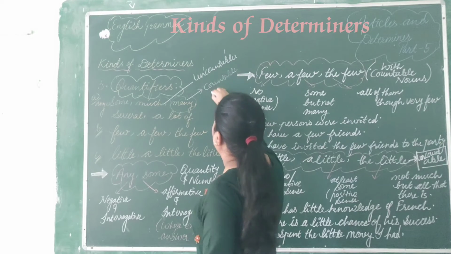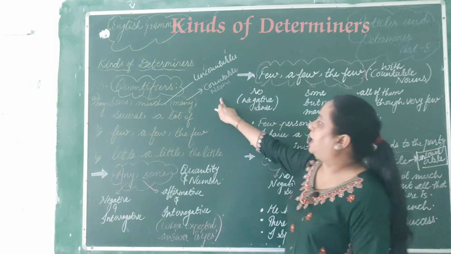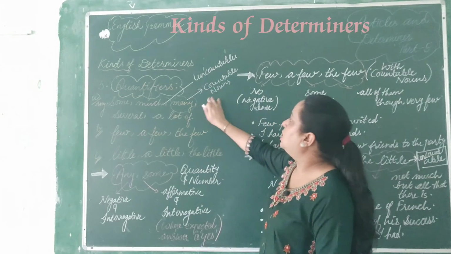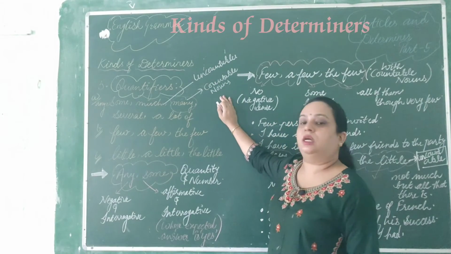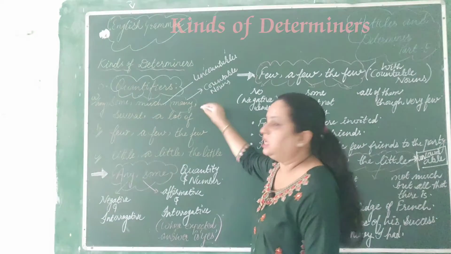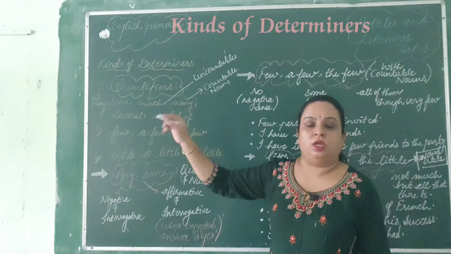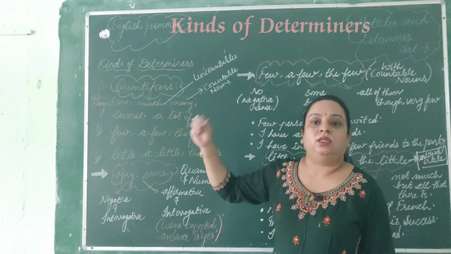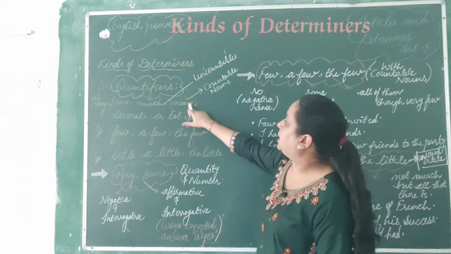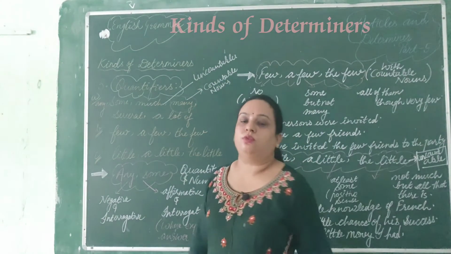Much is used with uncountable nouns and many is used with countable nouns. Like, I have many friends. So if I say many friends, much work, much food, many pencils. Okay, so much is used with uncountables and many is used with countable nouns. So this was the use of quantifiers.